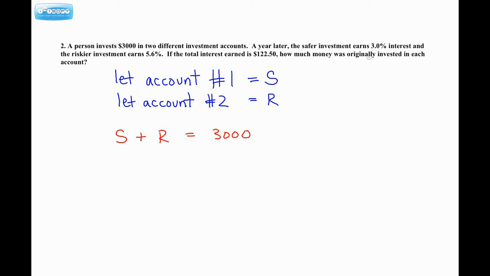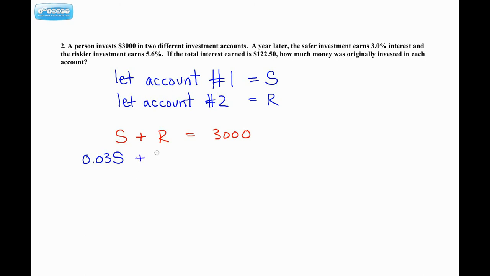Now we're told that 3% interest is earned in a year in the safer account. Well, how do you find 3% of a number? Well, you first express 3% as a decimal, which is 0.03. And if you multiply that by your amount, that gives you the percentage. So 0.03 times S gives you 3% of that amount, which is the actual interest earned.